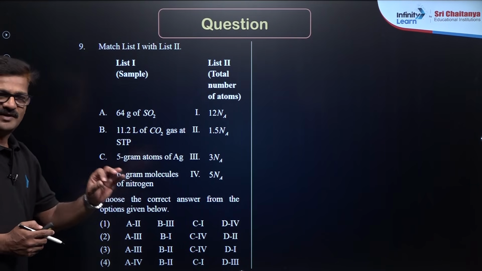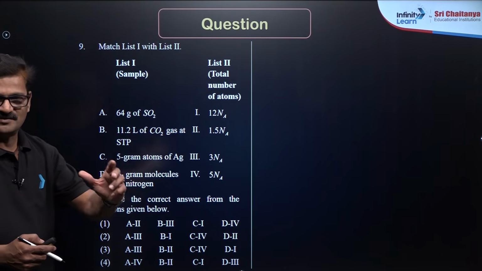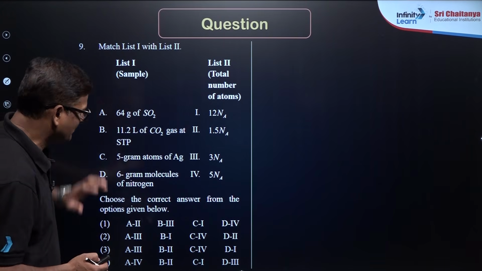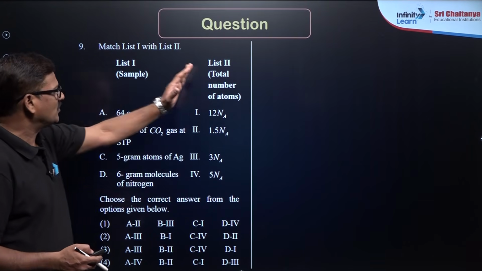Here it is a simple number of moles calculation, but this question is a little flipped and it's a nice tricky question. A sample is given, and we have to identify the total number of atoms.